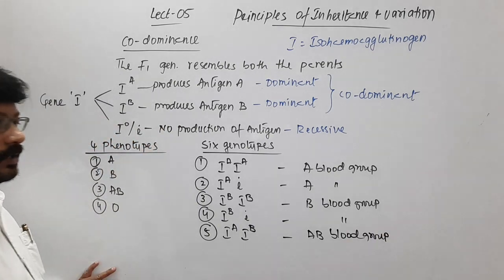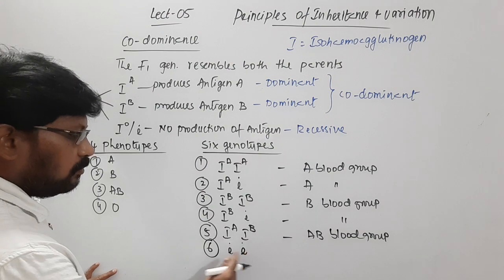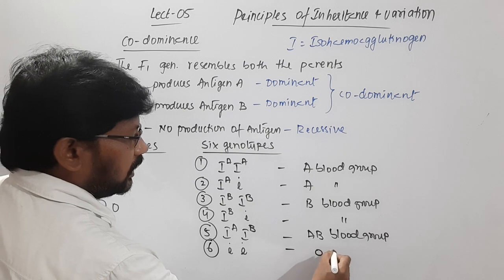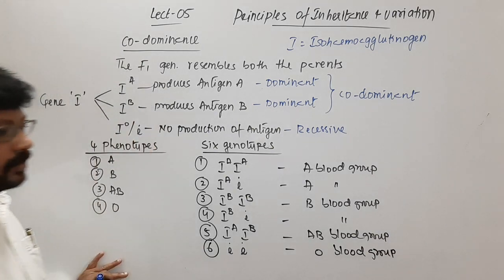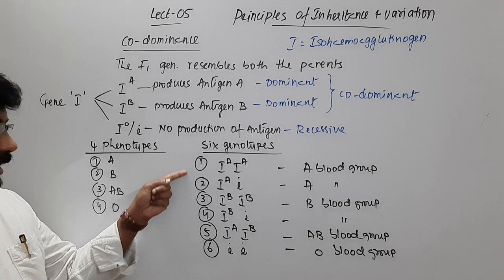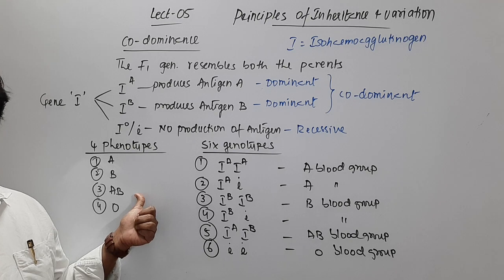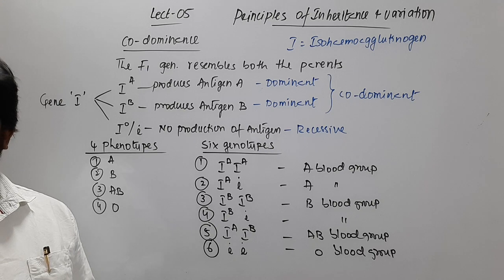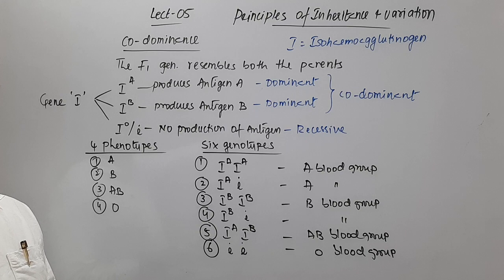And lastly, if a person receives both recessive genes, then the person's blood group is O. So you can see here there are 6 genotypes and 4 phenotypes in this case, right? Here O actually means absence of antigens on the RBC's cell membrane.